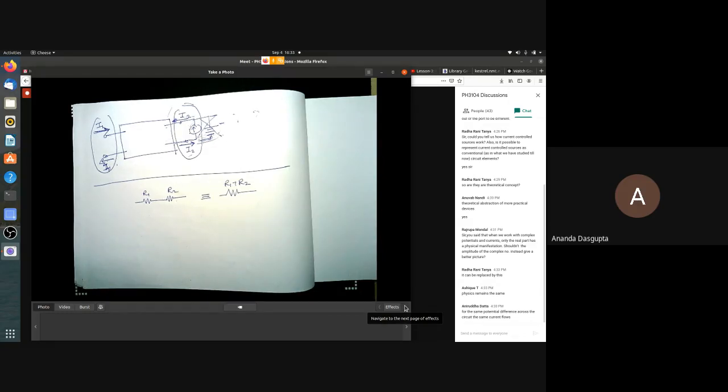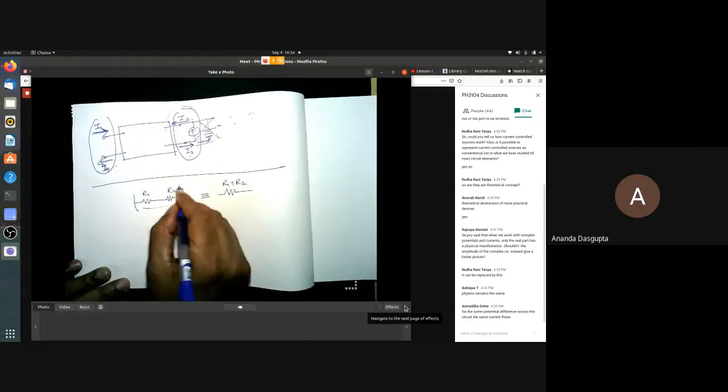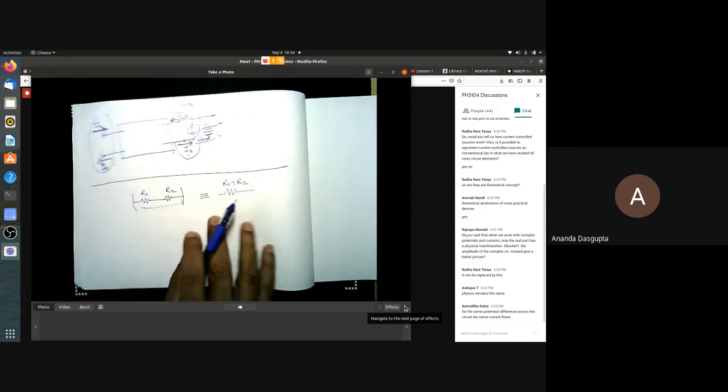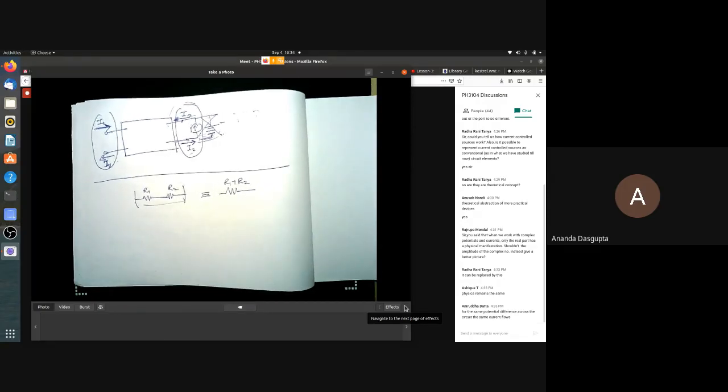Well, the really important thing about an effective circuit or equivalent circuit is if this thing appears anywhere in a circuit, not just in isolation, all these statements that you're making, same potential difference across, same current flows, etc., these are correct, but they sort of imply that you just have R1 and R2 in series, and then you put a potential difference across it.